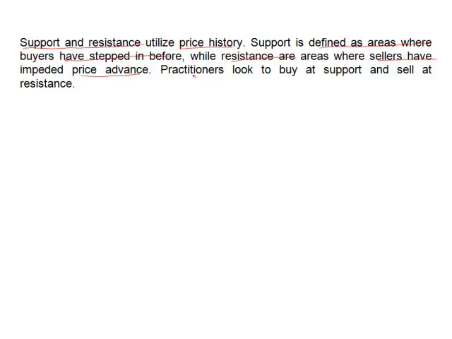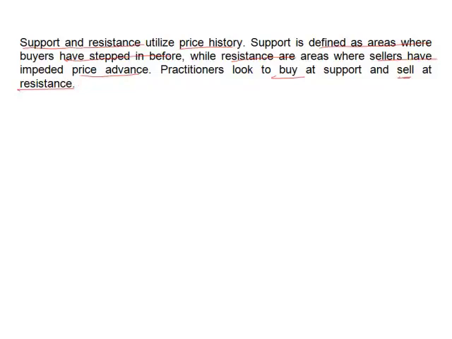Let me come again. Practitioners look to buy at support, that is the area where the buyers have stepped in before, and they try to sell at resistance. So that's that.